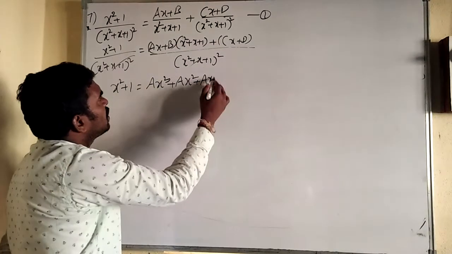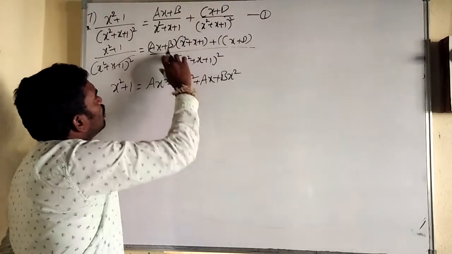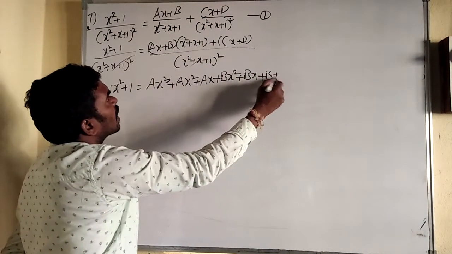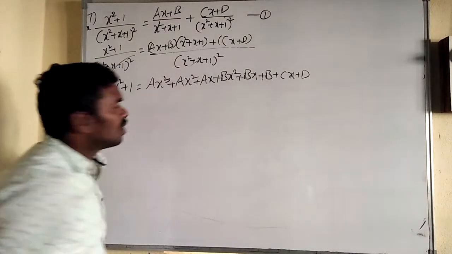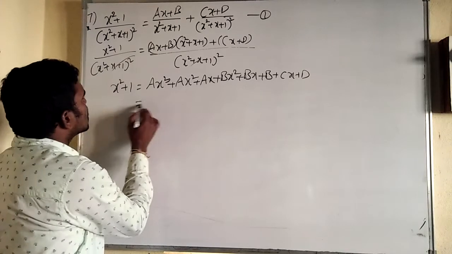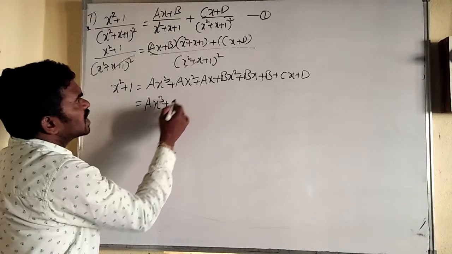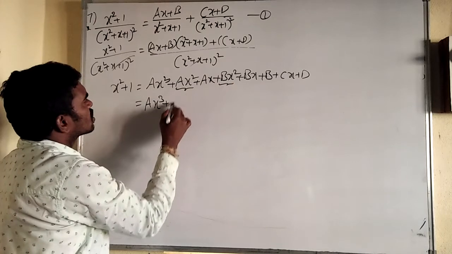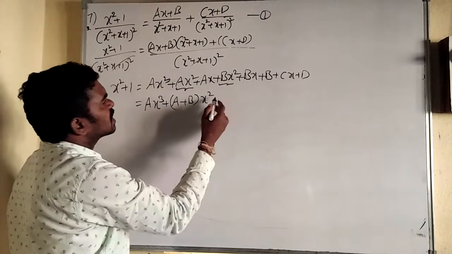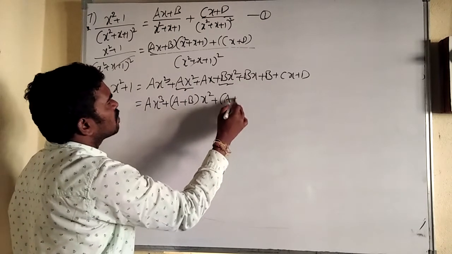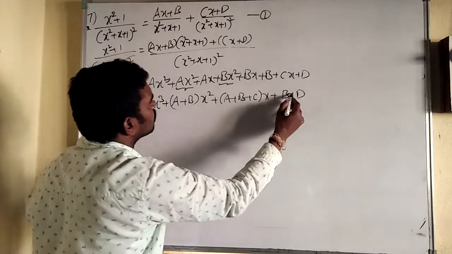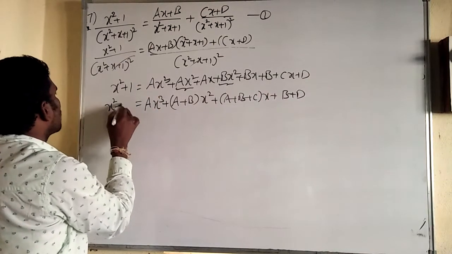Next with b into x square, bx square, b into x, bx, b into 1, b, and cx plus d as it is. Okay, if you do one more step, this and very easy it becomes ax cube. See, x square terms here, ax square, bx square. So (a plus b) x square, and x terms ax plus bx plus cx. So (a plus b plus c) into x, and a constant term b plus d, which is called x square plus 1 equal.